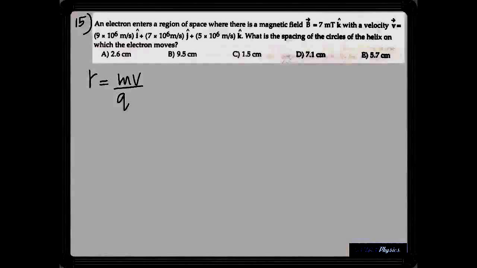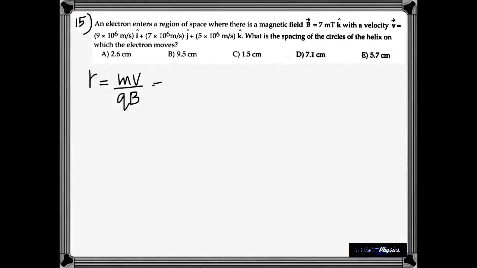Remember that the magnetic field is along the k axis. Therefore, the parallel component of the velocity would be 5 times 10 to the 6, and the perpendicular component of the velocity would be 7 times 10 to the 6 meter per second.